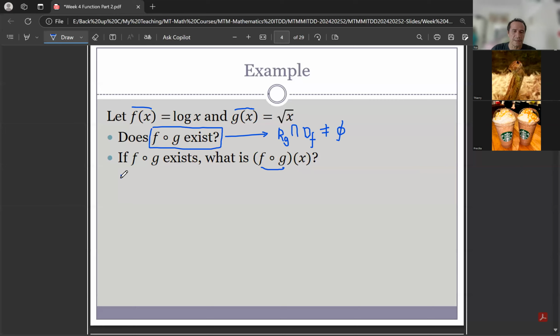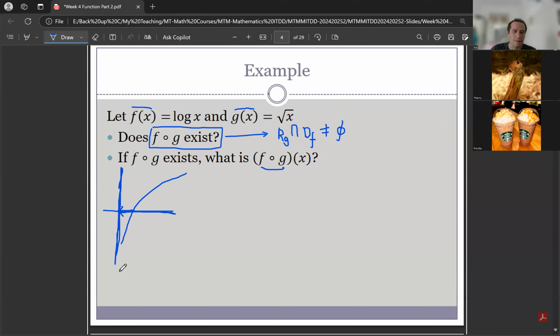Look at the logarithmic function. This is the graph of the logarithmic function. Here we have the domain of the logarithmic function, and the range of the function is from minus infinity to plus infinity.